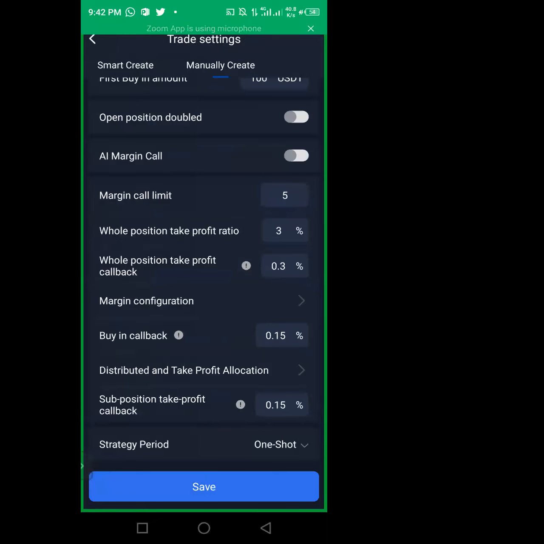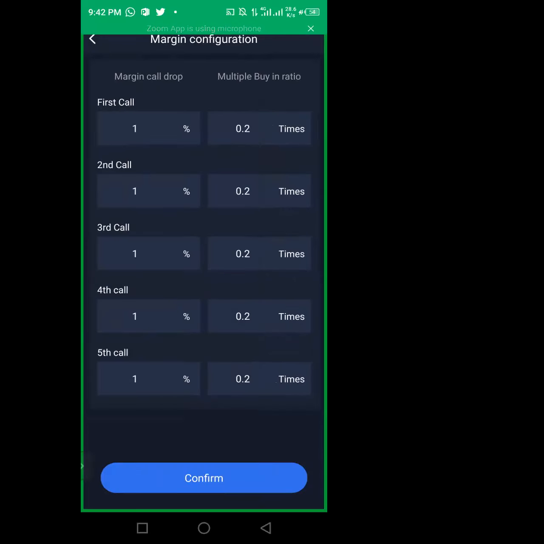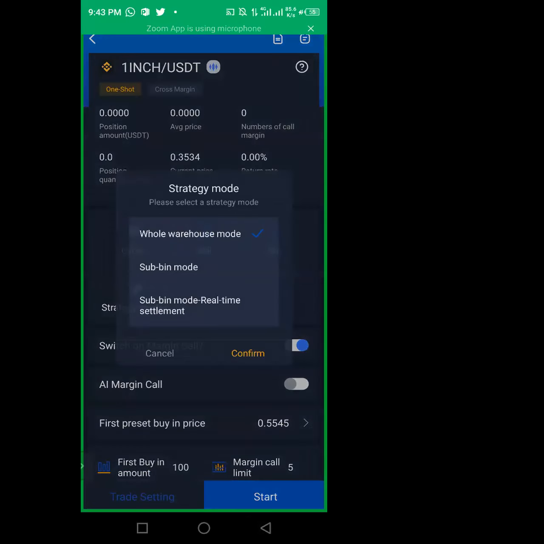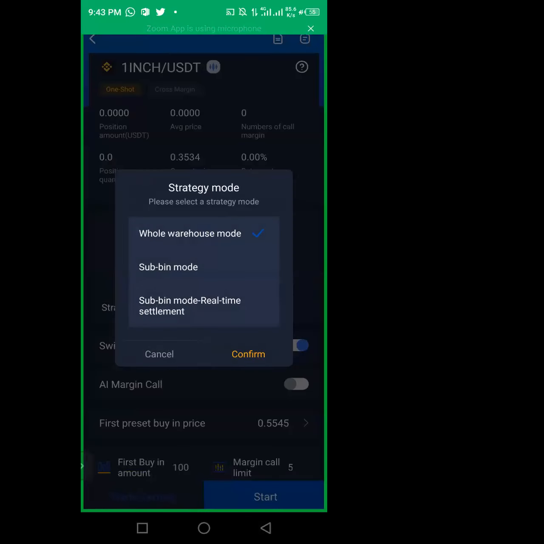So if this coin recovers by 5% and now enters another 3, this your whole position take profit will sell all your trade. You see that the robot will not have time. You will not see this fifth position that you are supposed to sell differently. The robot will not sell it separately, it will sell all your margin as the whole warehouse mode.